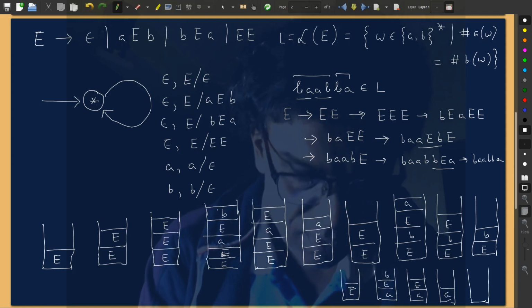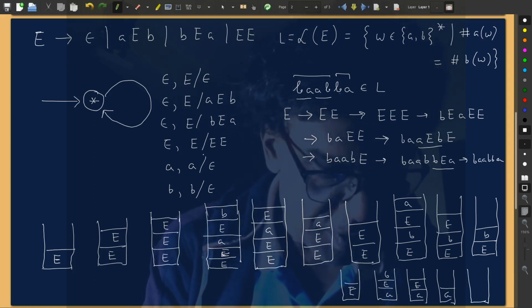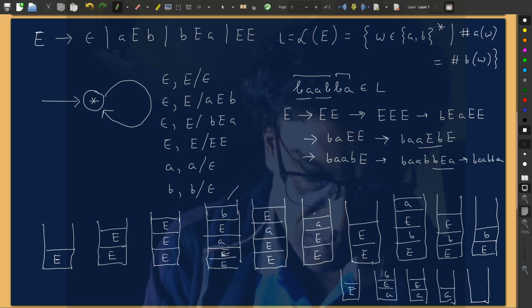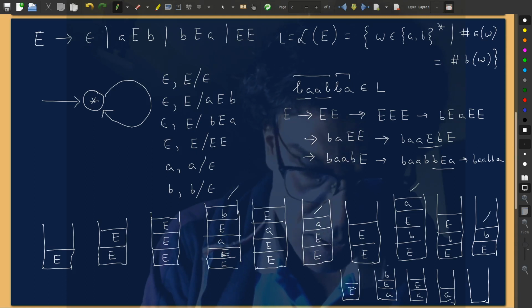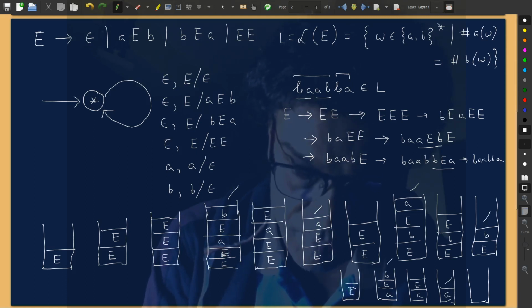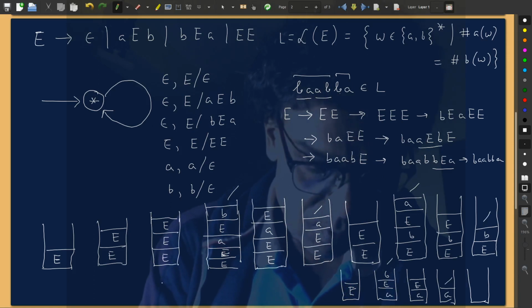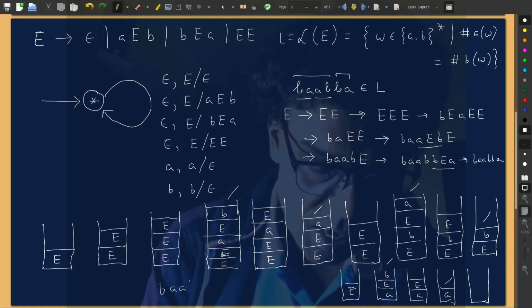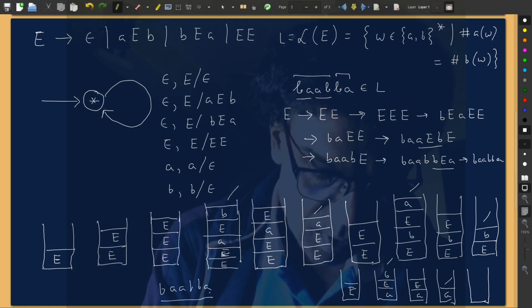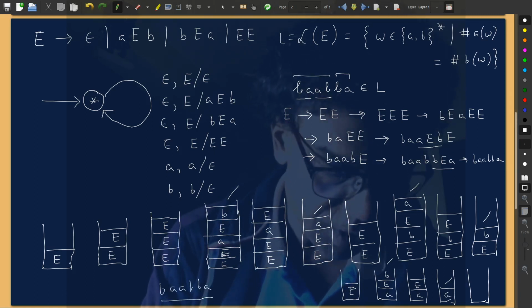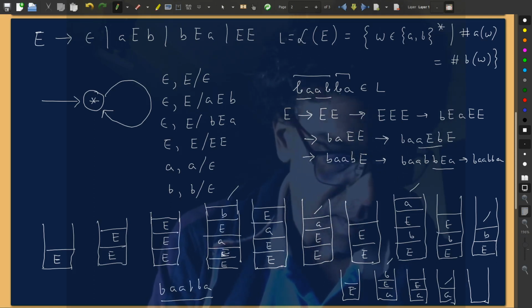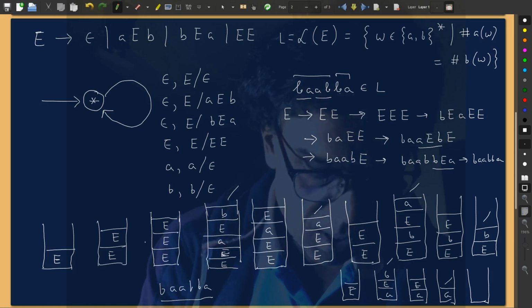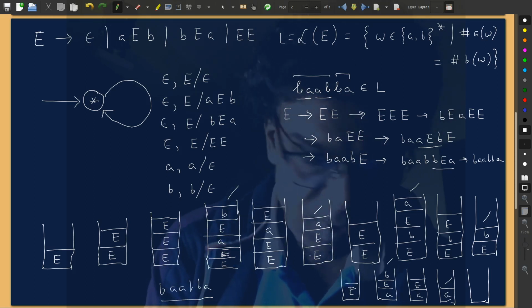Now if I look at what I have, this machine reads from the input B, A, B, B, A. Okay. So the string BAABBA is accepted because the machine starts with the initial configuration and ends up with an empty stack. Okay. So you see how this stack essentially simulates this leftmost derivation process.